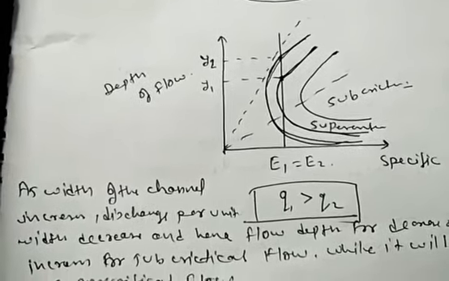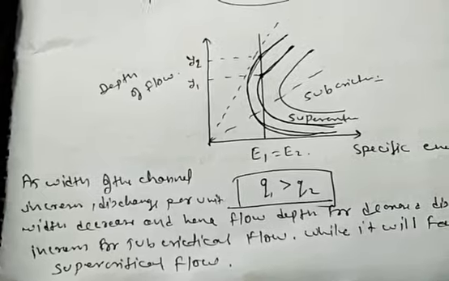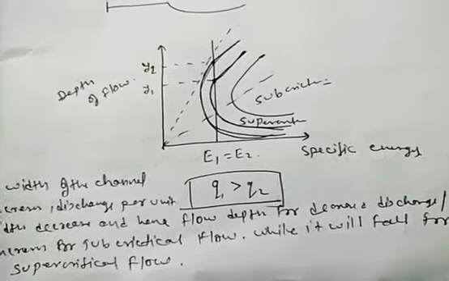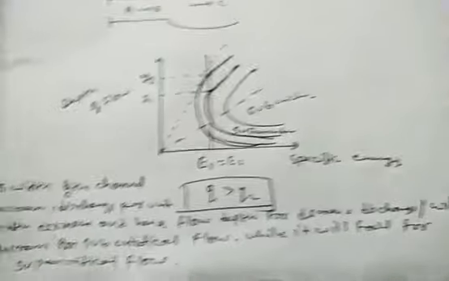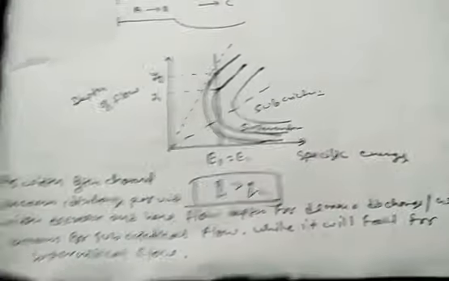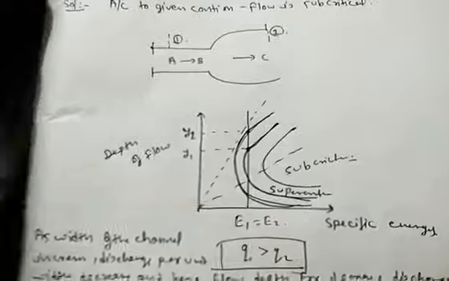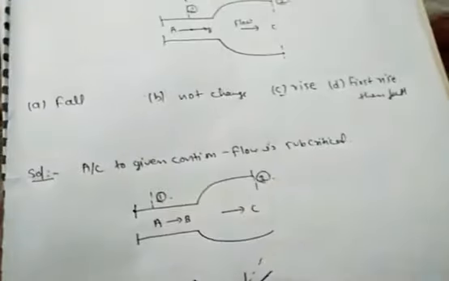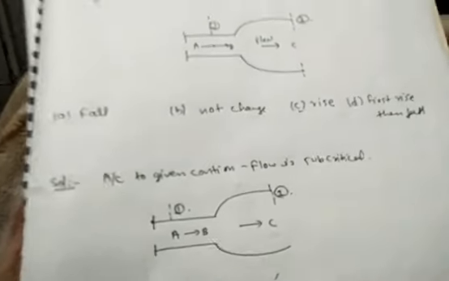The discharge per unit width decreases, and hence the flow depth increases as the width increases for subcritical flow, while it will fall for supercritical flow. The correct answer is option C, rise.